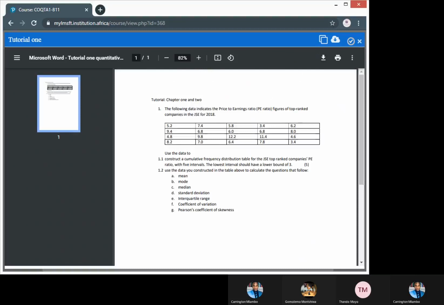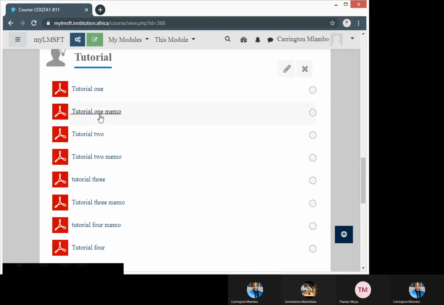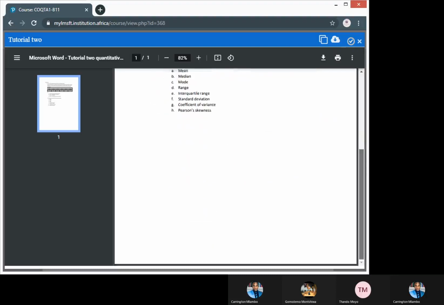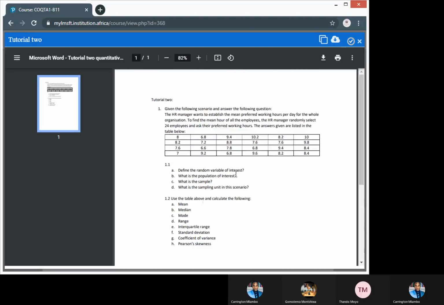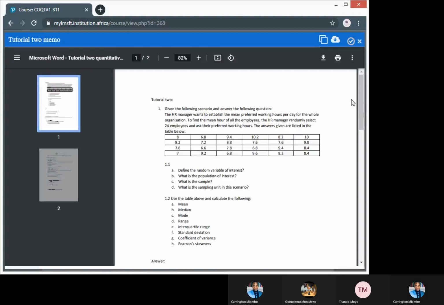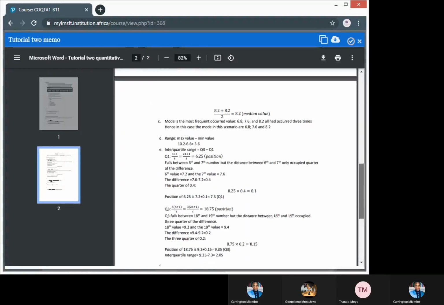Your intervals. Okay. Then there's a solution here. Then if you go to tutorial 2, you can see that you need to calculate the mean and the standard deviation without grouping them. The first one was grouped data, then ungrouped data, right? And the solution, you can see how they did this is even there.